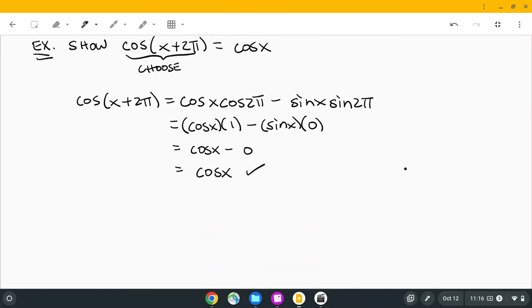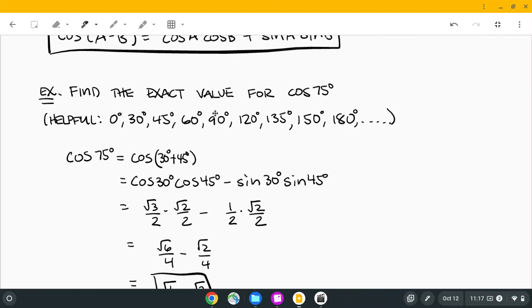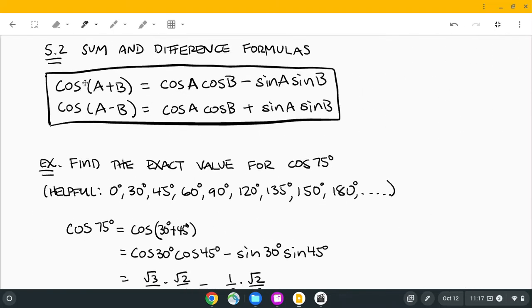All right. Being able to go in reverse if you're given something that looks like this. And since we're going to be dealing with sine and cosine formulas, and they look very similar, let's go back to the very top. The cosine formulas have cosine, cosine, sine, sine, cosine, cosine, sine, sine.